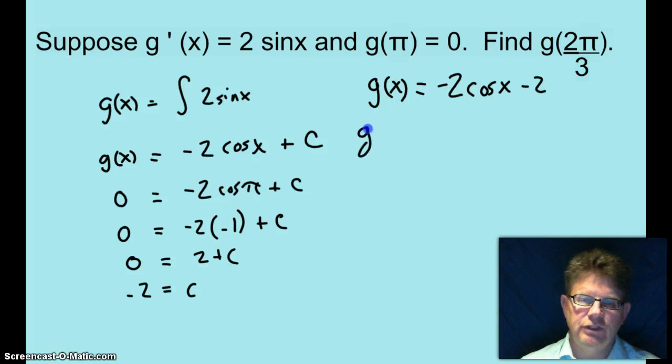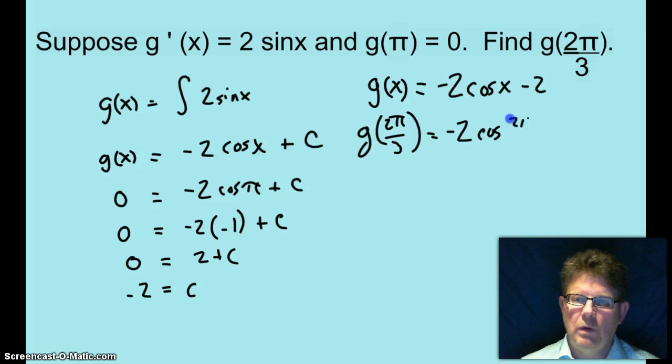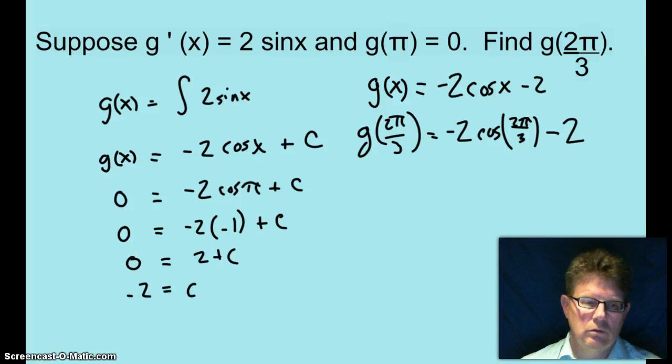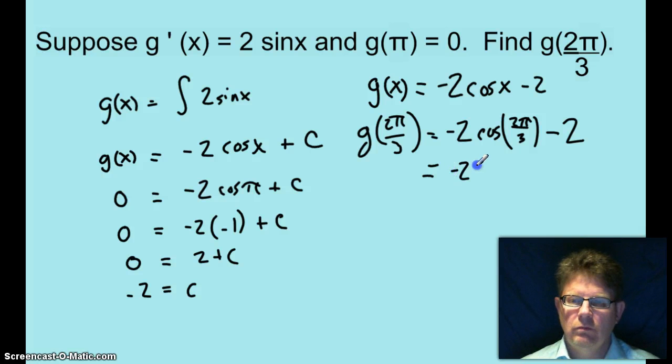So now we can find g of 2 pi over 3. g of 2 pi over 3 equals negative 2 cosine of 2 pi over 3 minus 2. So that equals negative 2.